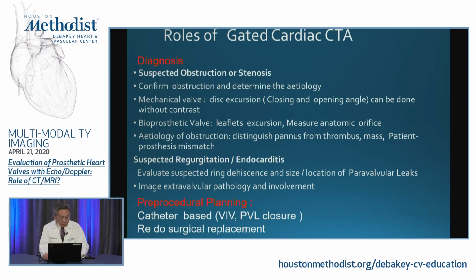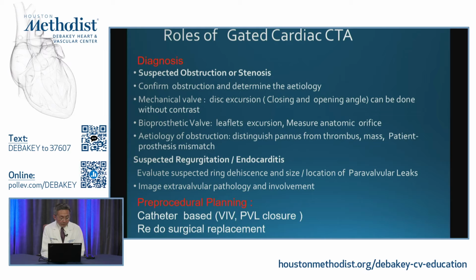Diagnosis of suspected prosthetic valve dysfunction, I think cardiac CT has an important role specifically in suspected obstruction or stenosis. And we can confirm the obstruction usually after a transthoracic echo, and it helps to determine the etiology of the obstruction, which could change the management.